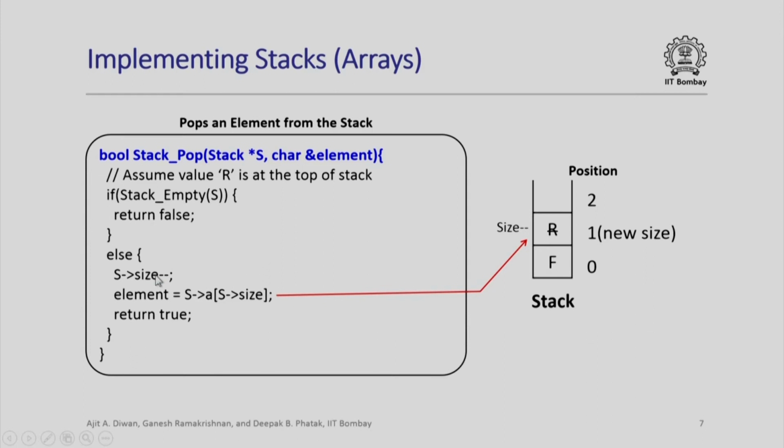Otherwise, it will first reduce the size. Please remember that the size which was 2 earlier has to become 1 now. The element r, which is at the top, is at the position 1, and that is what is returned here by this element. It will return true because indeed I have been able to obtain an element from the stack.